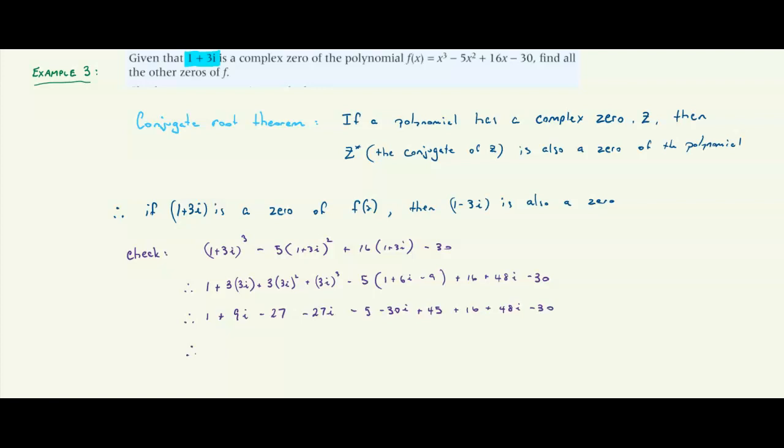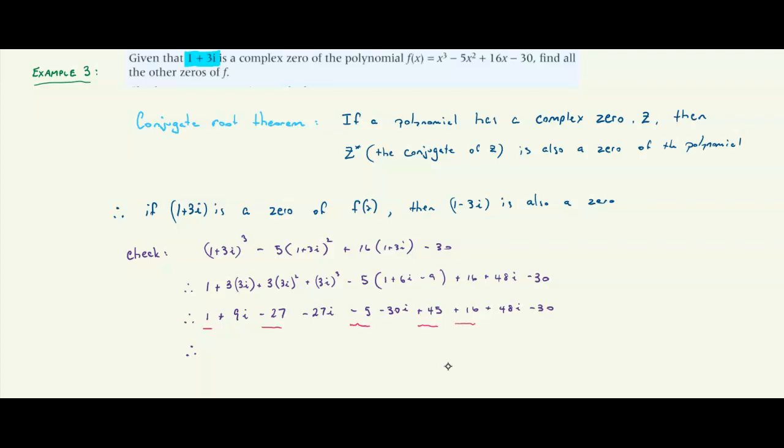Oh my word. Okay, so I've got some real and I've got some imaginary, and I'm hoping I get 0 for both. Right, so let's have a look at the real. I've got 1 minus 27, so I'm on minus 26. Minus 31, right? Oh, hang on, plus 45, so I'm back into the positive, and I'm at 14.